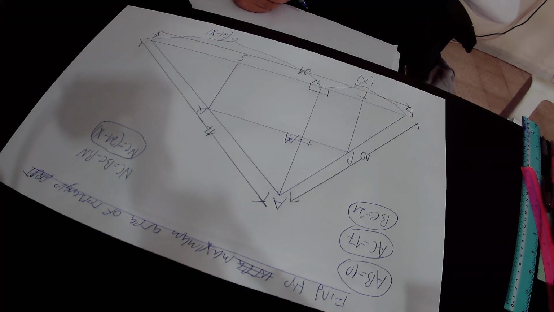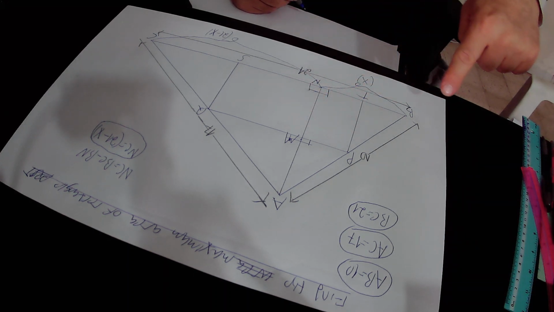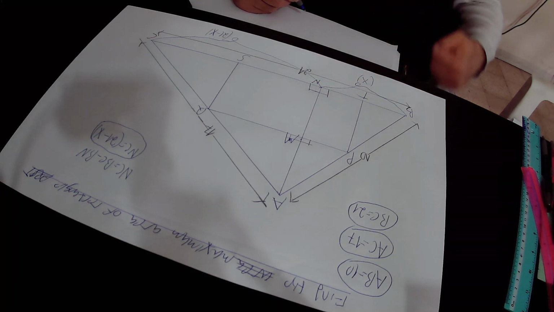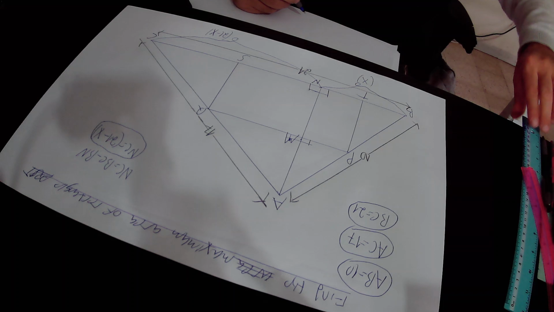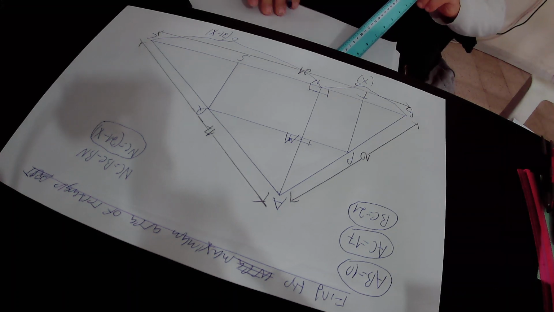So in the next step, I'll copy this right triangle ABN in a new page, and we'll implement the Pythagoras theorem on this right triangle ABN.